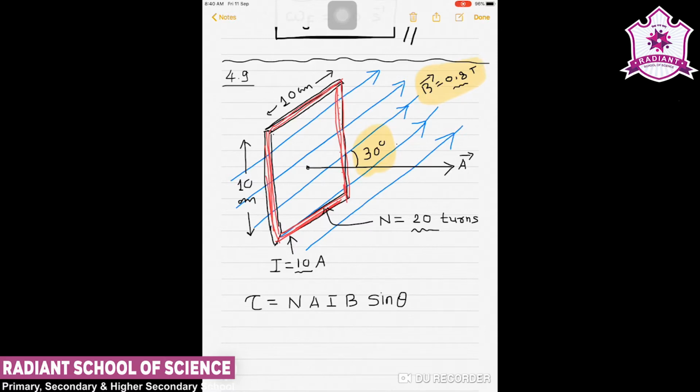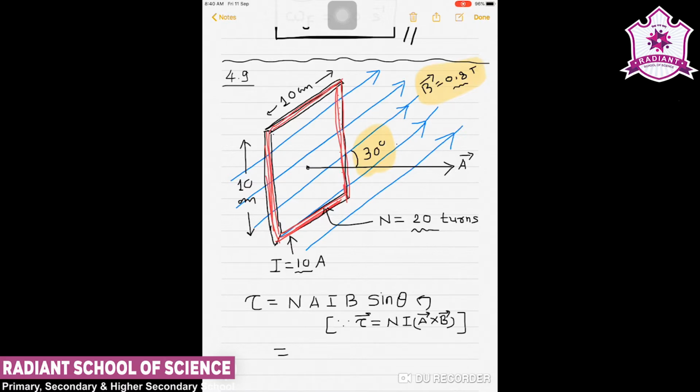Our original equation is tau equals N I A cross B. We must remember this. N and I are there, and we are given the angle theta as sine theta, so we have to put in the values.